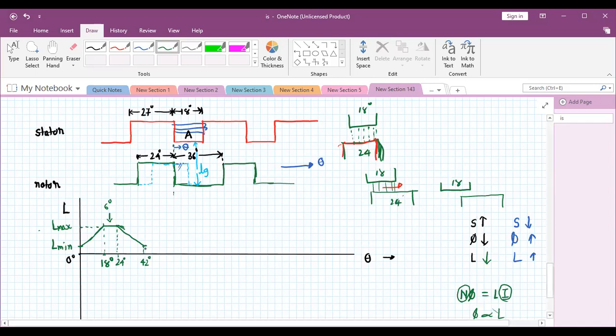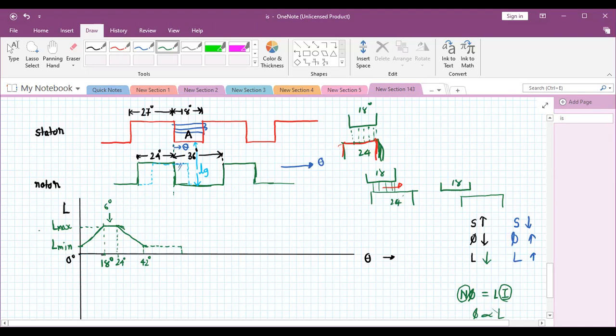Okay, so now here it remains minimum for how much duration again? How much degree will it become here? Give me a reply. 6 or 60, Derek? Yes, 42 plus 18. Yes, Karthik. For 18 degree, again it remains minimum.